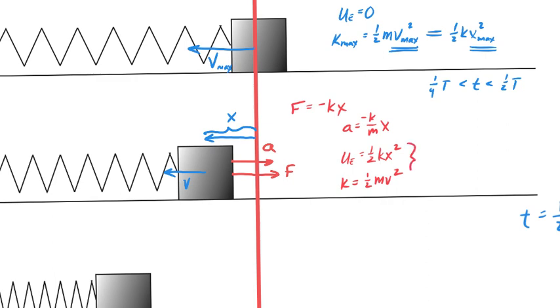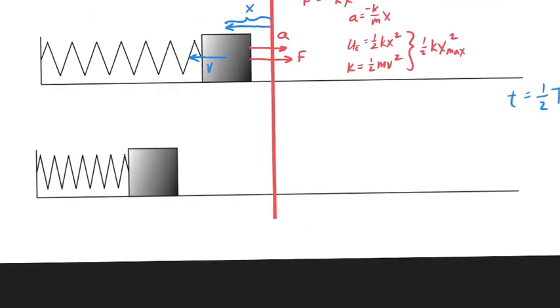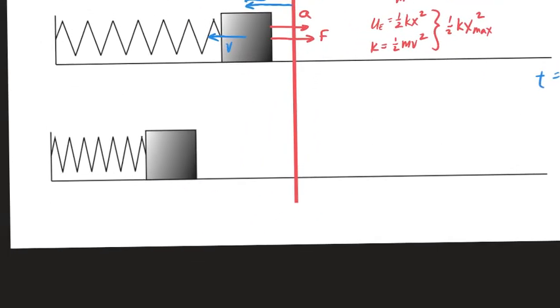And these two still have to add up to be equal to whatever energy we had at the beginning. All of that's still true. That's all the way until you reach this point.